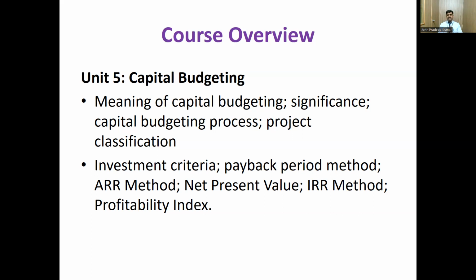Then net present value, then IRR, internal rate of return, and the profitability index method. So these are the various methods available for the company to do capital budgeting. They can use any of the methods and then finalize a very beneficial and profitable project for the company.